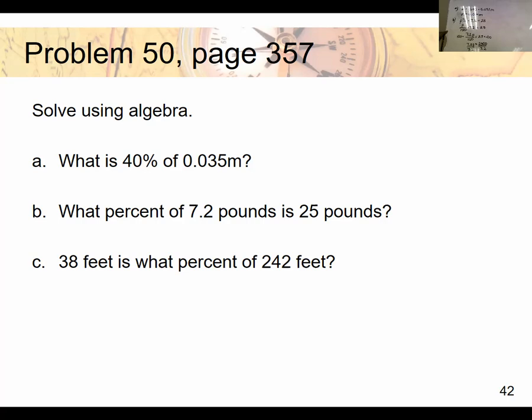Okay. Now this is what I come up with. P is equal to 347.2%. Okay. All right. Any questions about part B?